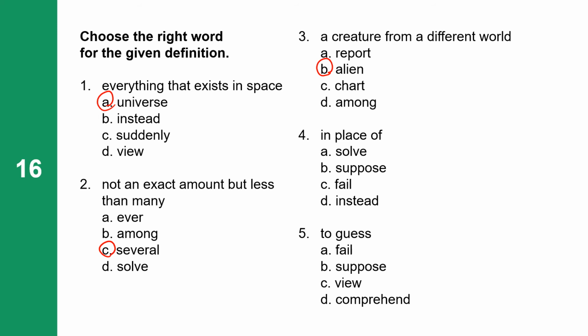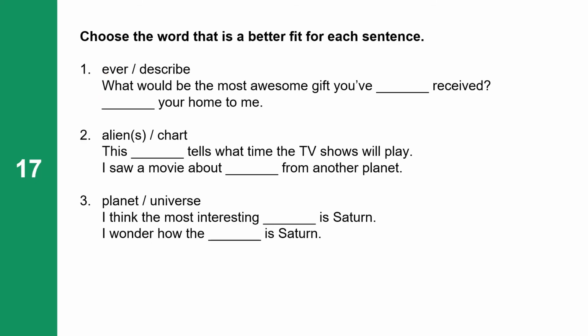C, fail. D, instead. The answer is D, instead. Number 5, to guess. A, fail. B, suppose. C, view. D, comprehend. Yes, the answer is B, suppose.